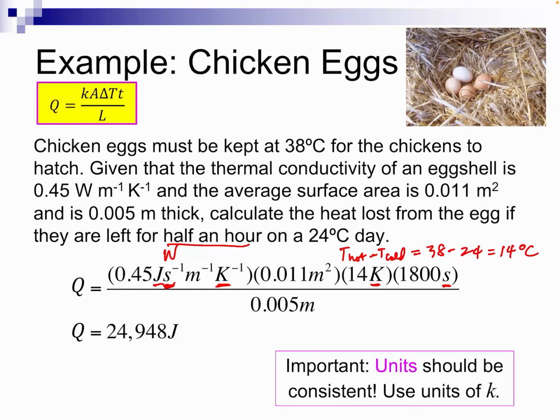So over half an hour, the egg loses 24,948 joules of energy. Right, pretty straightforward, I hope.